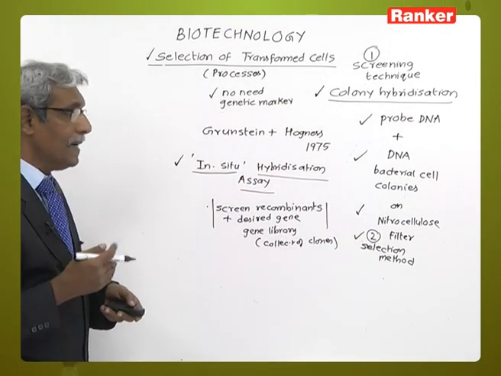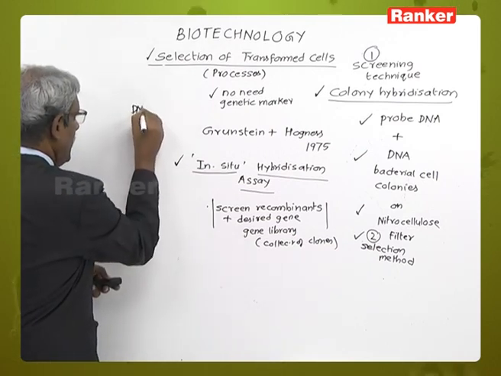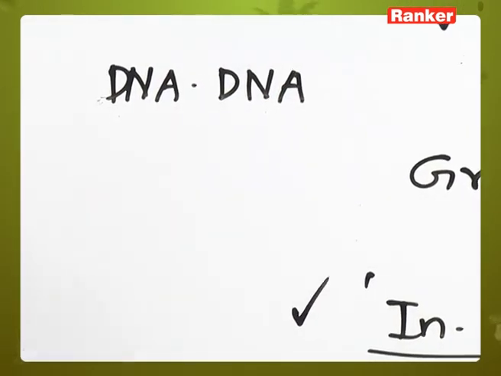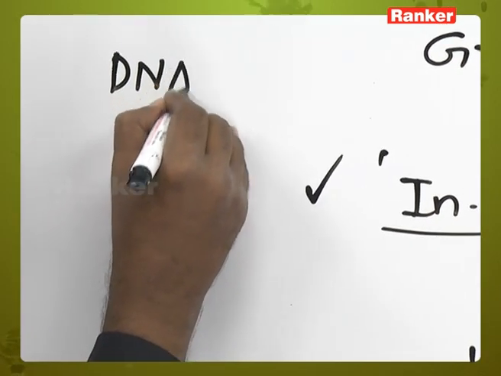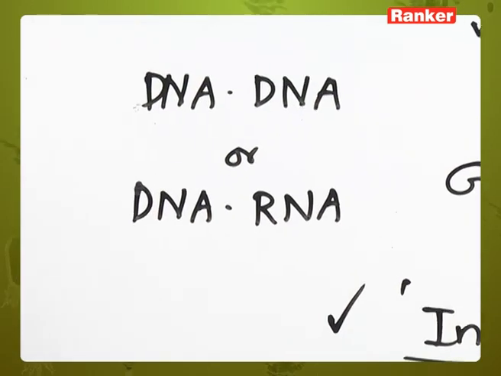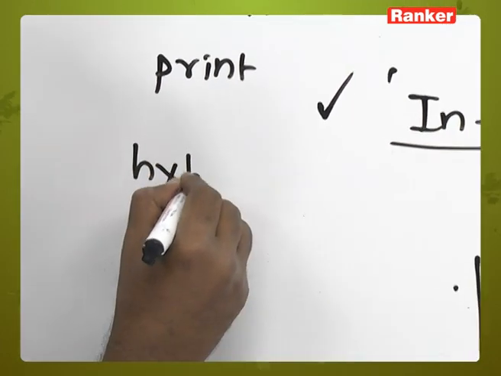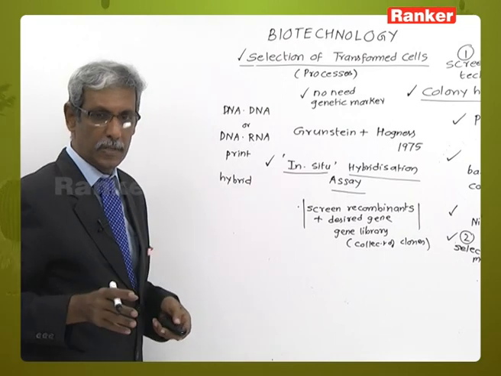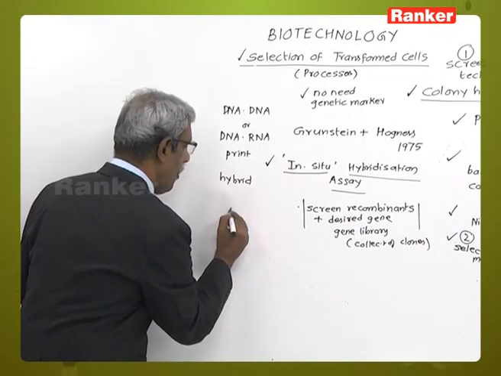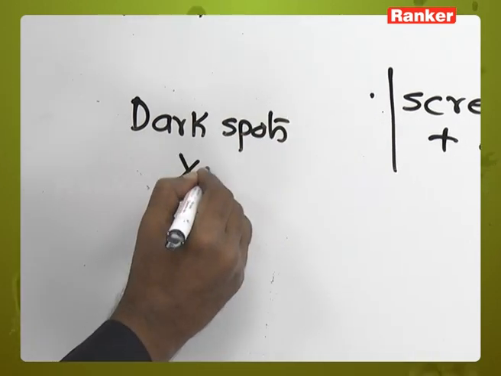So, here what happens is the probe will combine with the DNA, thereby you have a DNA combination on a nitrocellulose, or else you can have a DNA RNA hybrid. This will be the print of a hybrid on the nitrocellulose. These prints on the nitrocellulose are seen in the form of dark spots by an X-ray film.